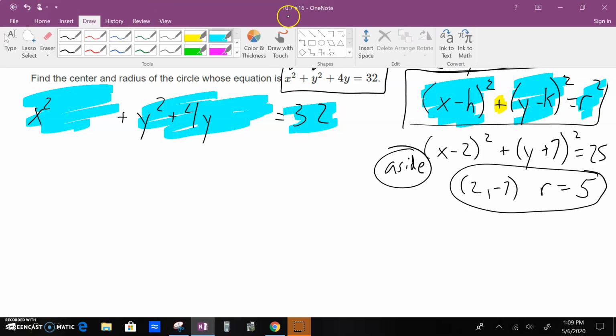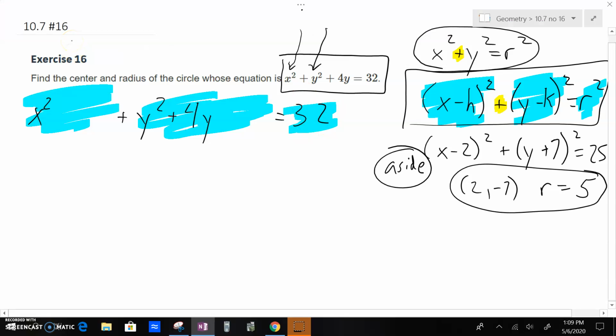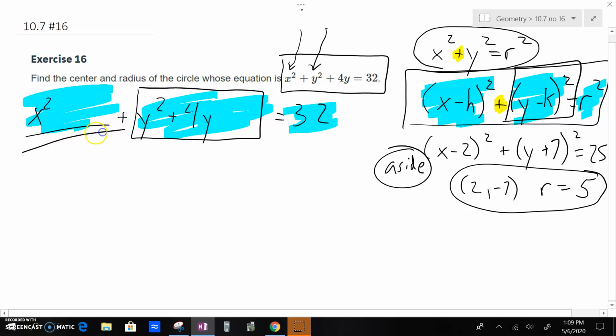The reason I'm leaving the space in there is that's how I think about these things. I'm going to use this space to try to create this y minus k squared. I'm going to use this space over here to do the first piece, the x squared, and then this piece all by itself is going to be the radius. I'm going to keep it as 3 separate pieces.